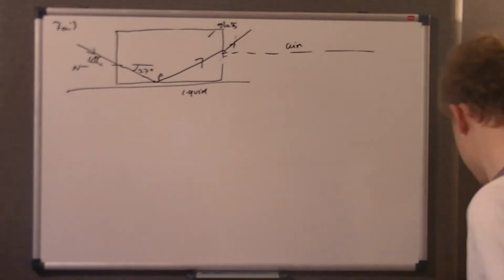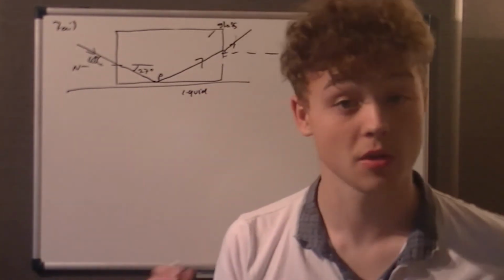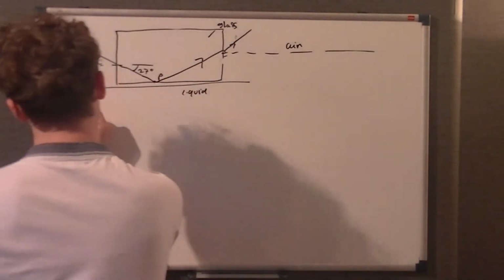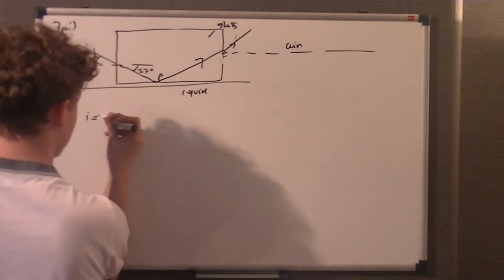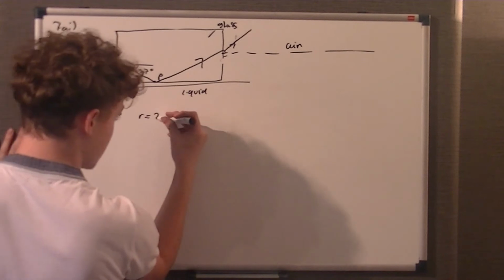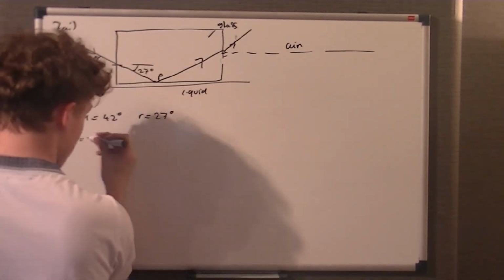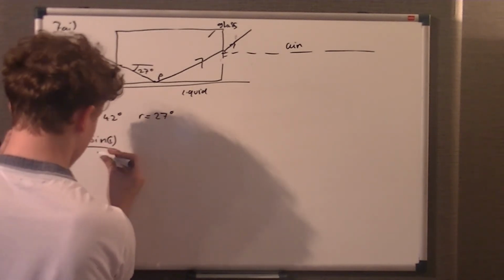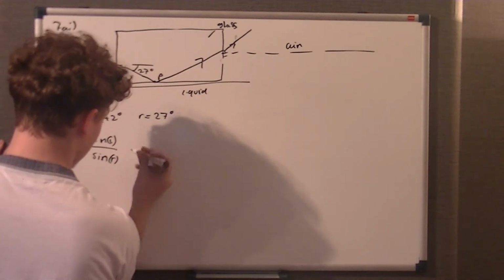So it shows that the refractive index of glass is about 1.5. Now, using a derivation of Snell's law, this is 7B by the way, we can work out the refractive index. So I equals 42 degrees, and R is equal to 27 degrees. N equals sine I over sine R. Now we'll know if we've got this right, because this should come out to be 1.5.